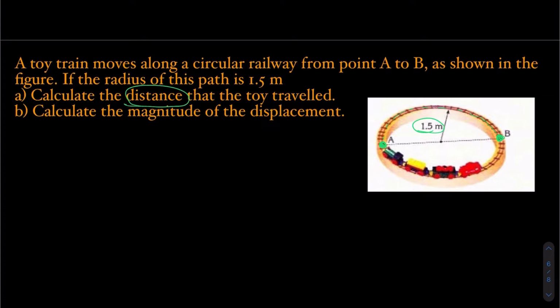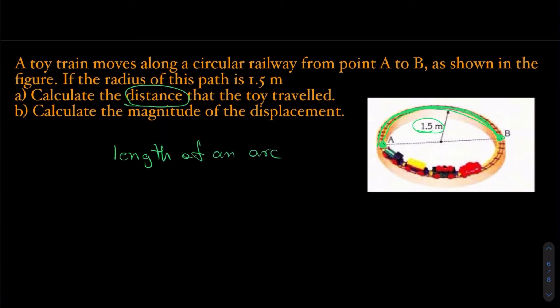In order to find the distance, because we see the path is semicircular, we are supposed to find the length of this arc. Then how do we calculate the length of an arc?